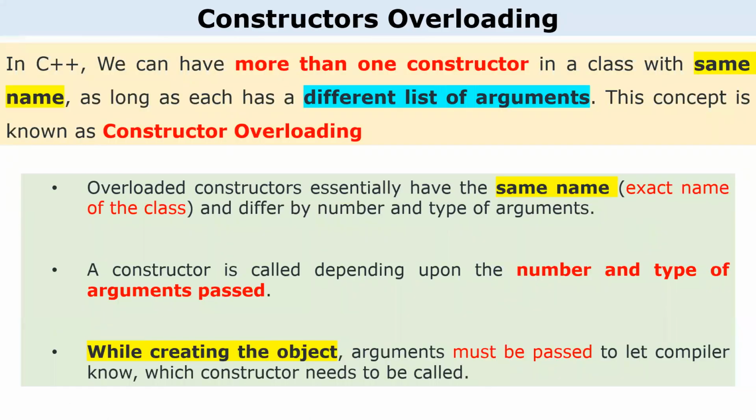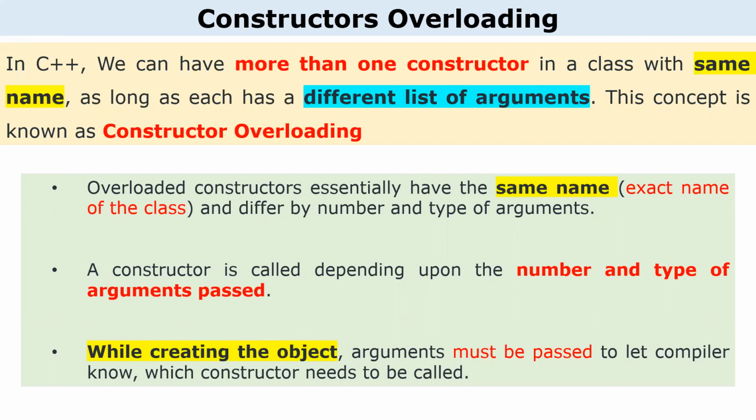Another concept that I forgot to mention earlier, which you also need to understand under constructors, is constructor overloading. Overloading means it is possible to have more than one constructor within the class.